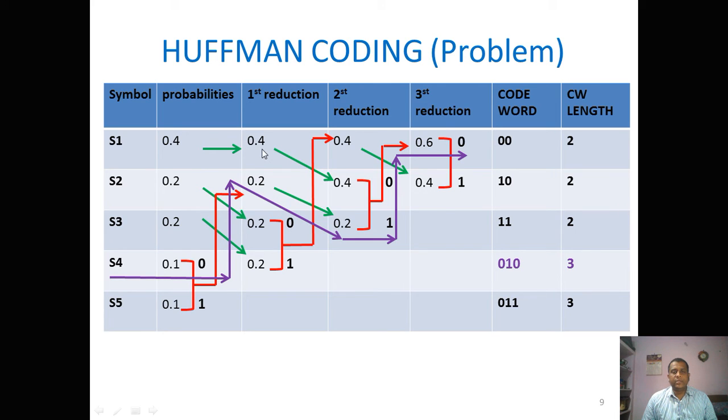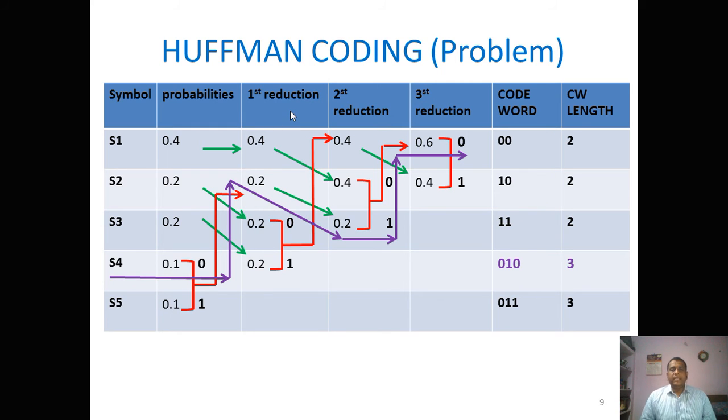It is brought into the first stage of reduction, and then the combined value is inserted as high as possible in the first stage, written in decreasing order, where the existing 0.2 value is brought down to the first reduction stage, and the other existing value of 0.2 is also brought down.